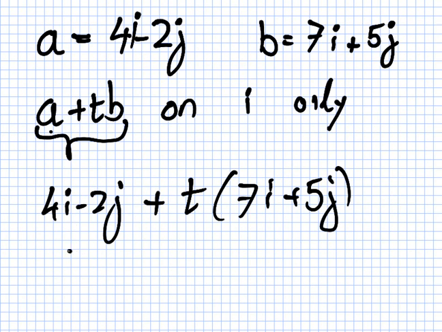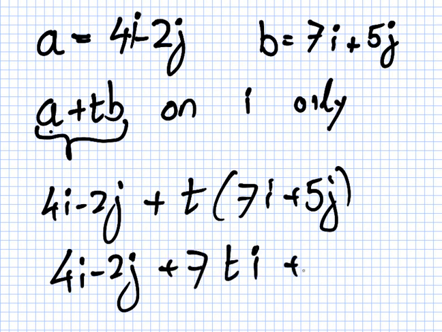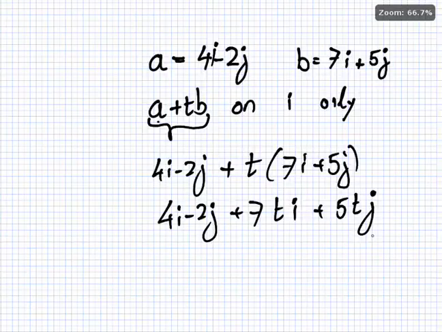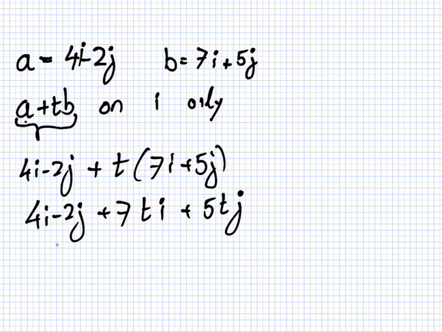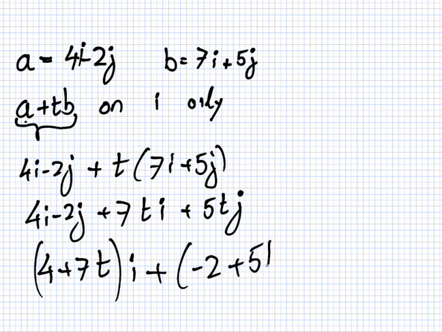So that would be 4i minus 2j plus 7ti plus 5tj, which is, how many i's? 4 plus 7t i, plus minus 2 plus 5t j. That's what that equals.